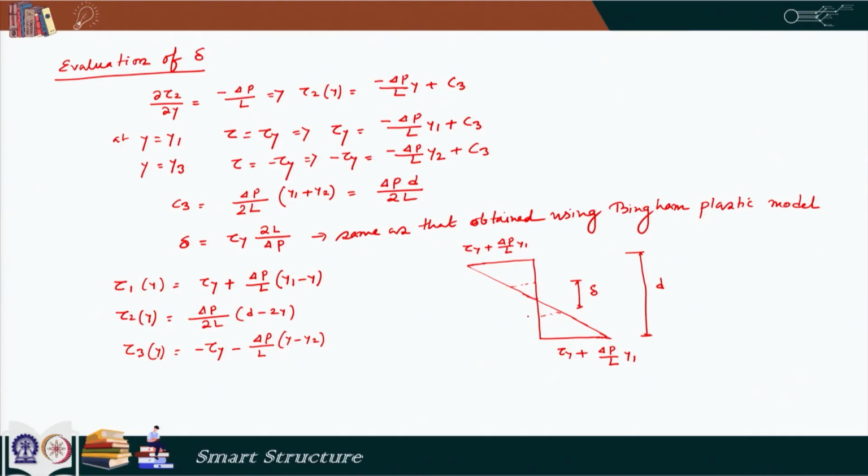So, tau 1 at y1 is tau y, and here it is minus tau y. So, this is plus and this is minus. Now, please understand tau y is not the location along y here, it is this dimension to be more specific. So, this is tau y and this quantity is tau y.